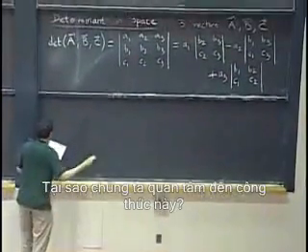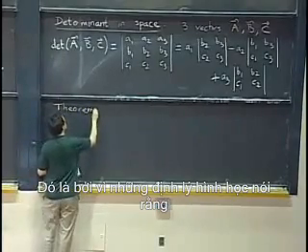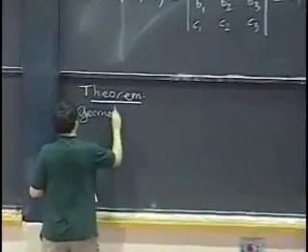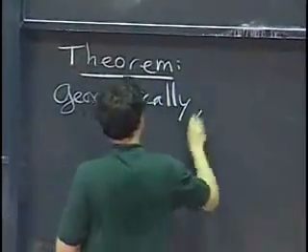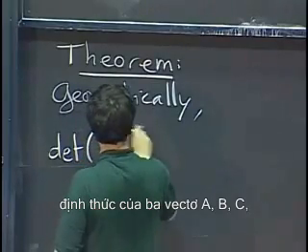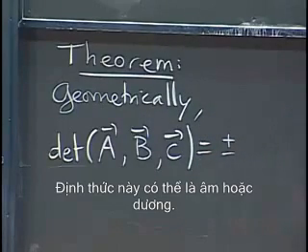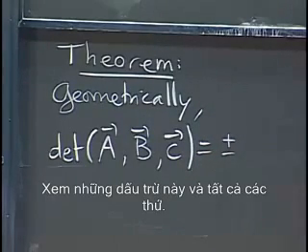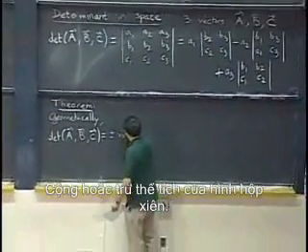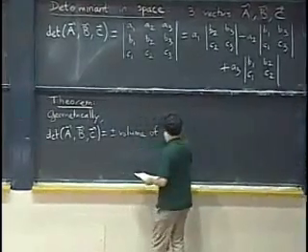So why do we care about this formula? It's because of a theorem that says that geometrically, the determinant of the 3 vectors A, B, C is, again, plus or minus. This determinant could be positive or negative. See, there's minuses and there's all sorts of stuff. Plus or minus the volume of the parallelepiped.